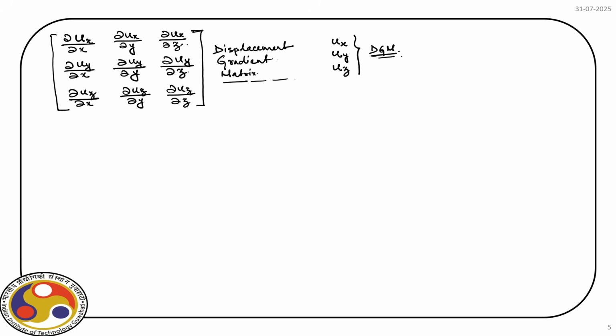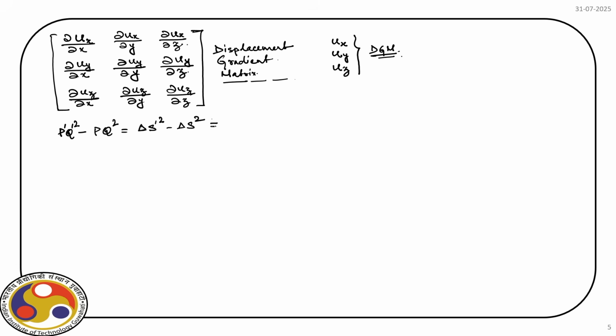Okay. So, now what we have derived is P'Q' square minus PQ square. This quantity is nothing but delta s' square minus delta s square, right.